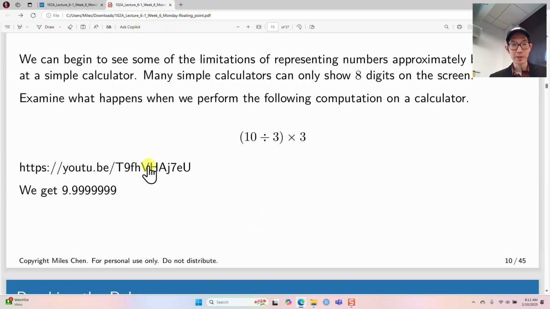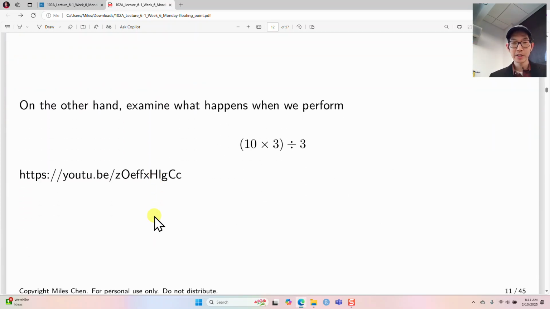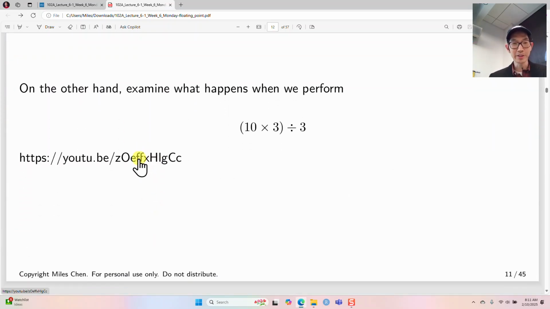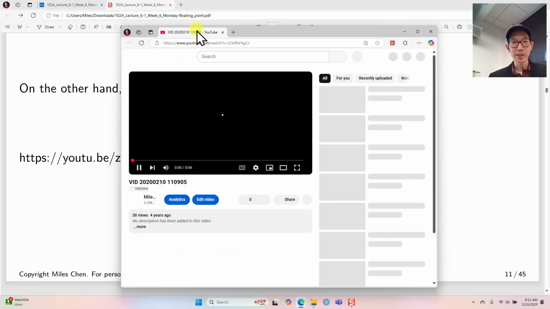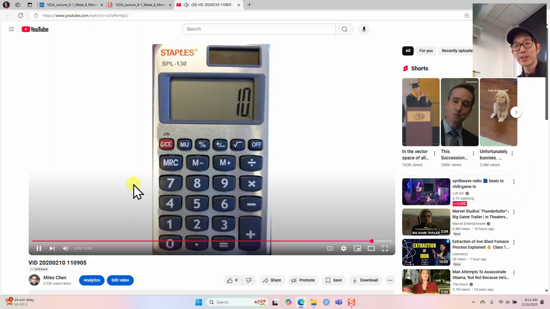So we get 9.999. This is stupid, but on the other hand, if you do 10 times 3, you get 30, and you do 30 divided by 3, and you get 10.